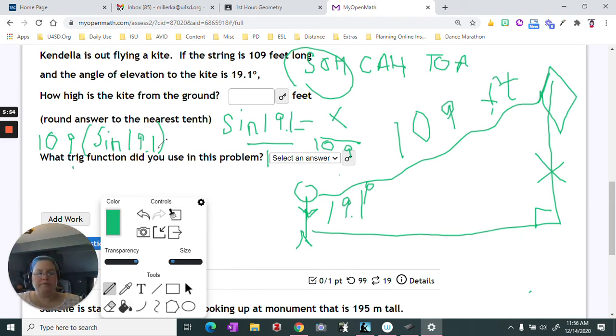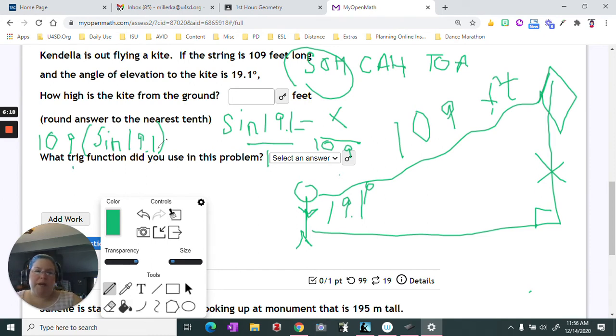Okay, so I'm going to do 109 times sine of 19.1 equals, okay, 35.6665. I am going to round to the nearest tenth, so I'm going to say 35.7.